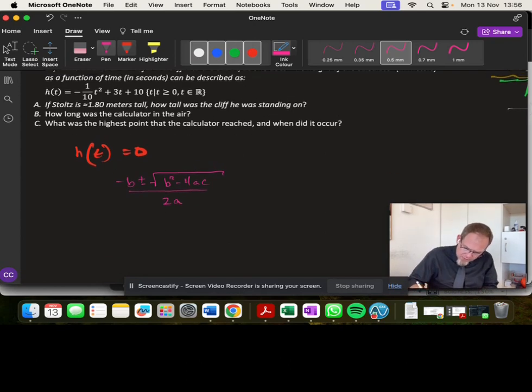So my b value is 3, so negative 3 plus or minus the square root of 3 squared minus 4 times negative 1/10 times 10. Oh, very clever, Stoltz. And this is 2 times negative 1/10.